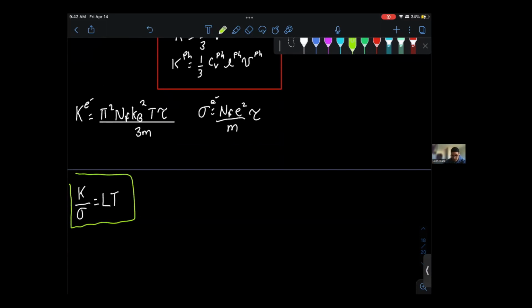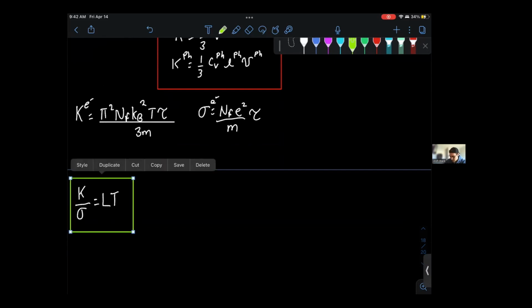This is the Wiedemann-Frenz law, and it states that given thermal conductivity, temperature, and this constant term, we can find our normal conductivity. Or given a temperature and our normal conductivity, along with obviously the L constant, we can find our thermal conductivity.